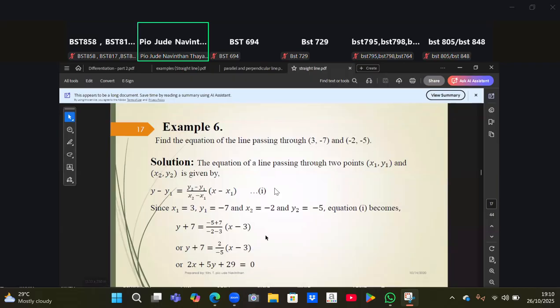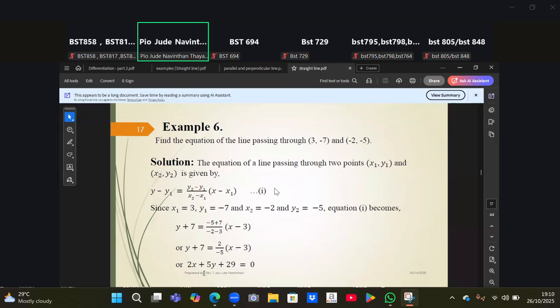Again, we need to simplify, that part is your part, right? Minus 5 plus 7 is 2. Here both are minus: minus 2 minus 3, therefore minus 5. After that, we need to keep y here and bring all the items to this side.